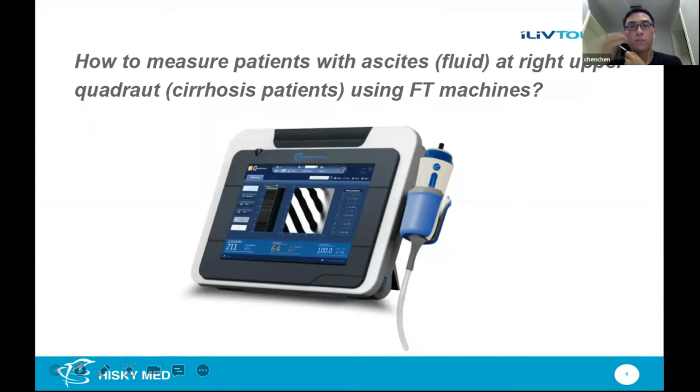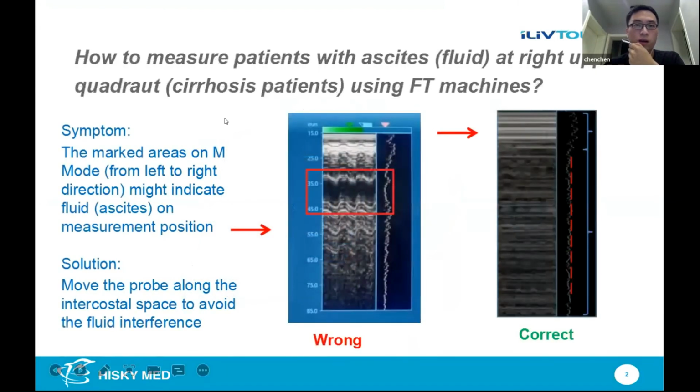So we have some experience about how to measure patients with ascites, with fluids, usually some cirrhosis patients. As you can see from this picture, the marked areas on M mode, for the patient with ascites, might be shown as black areas.